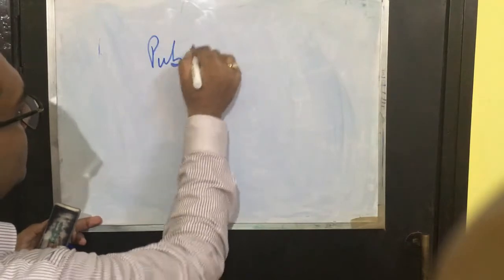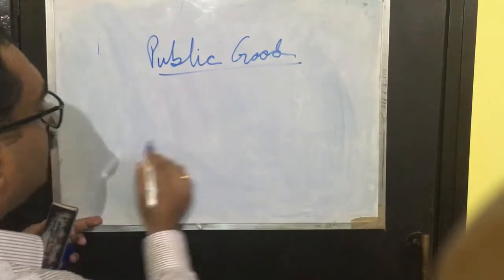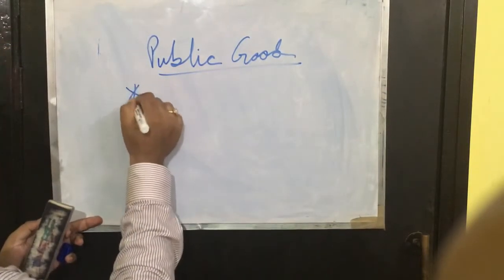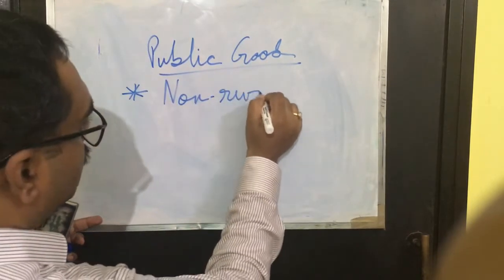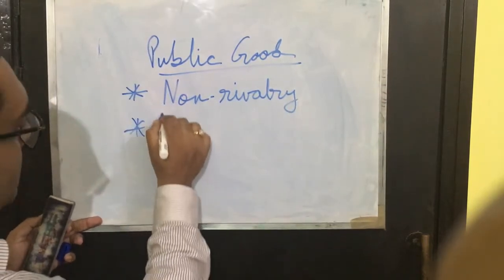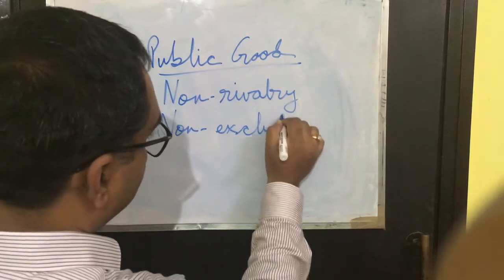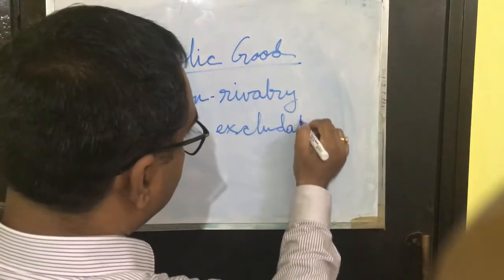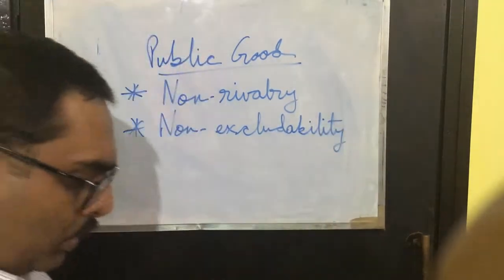Those are non-rivalry and non-excludability.